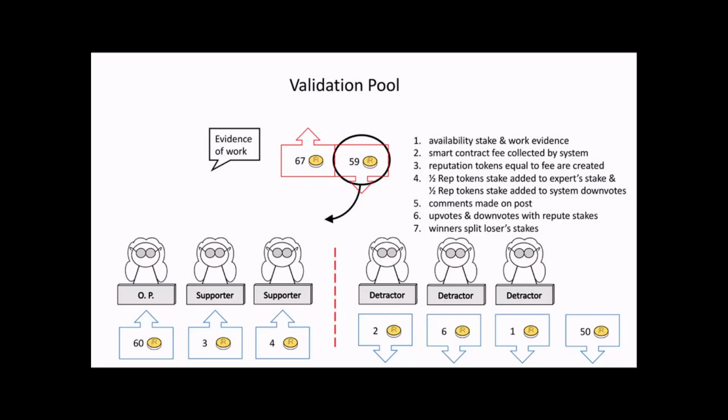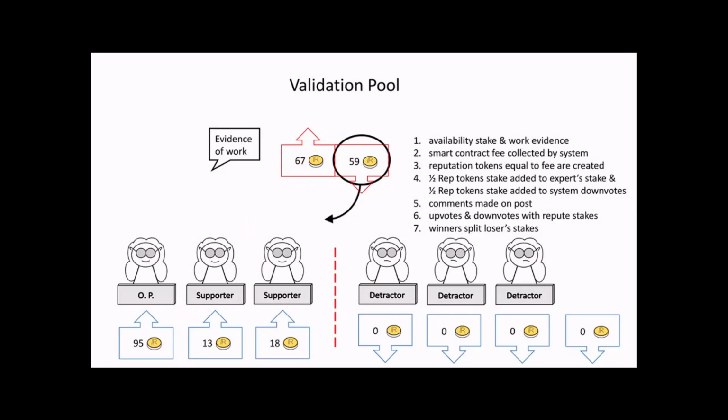And that's the gist of the whole validation pool. In the end, the reputation tokens that were newly minted are split in this way. It's a fair system. And inside of the system, the original poster gets a chunk of them, at least half of the newly minted tokens, but the other half can be split amongst the people who are policing it.